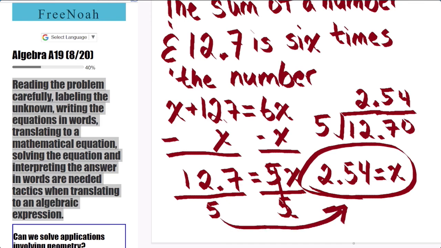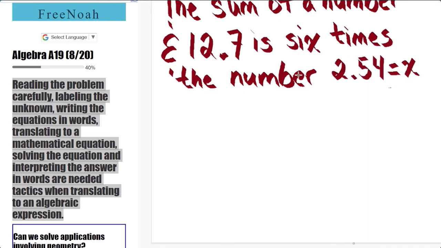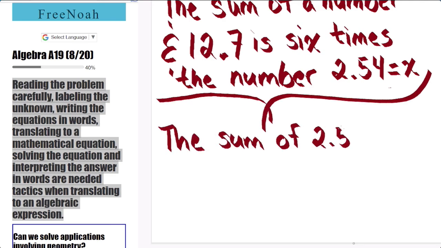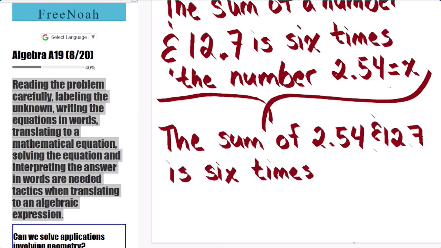Alright, so x equals 2 and 54 hundredths. So let's write this down. We're going to write this out as the sum of 2 and 54 hundredths and 12 and 7 tenths is 6 times 2 and 54 hundredths.